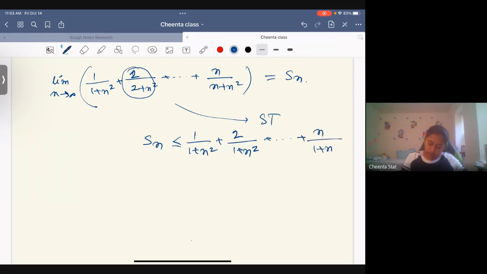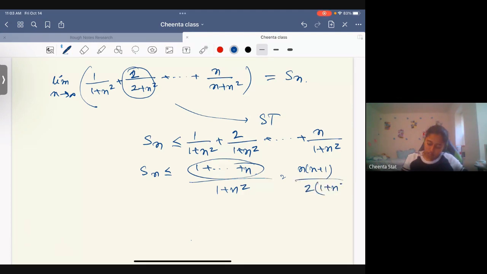So n by 1 plus n square. So Sn is less than or equal to the summation from 1 to n of k by 1 plus n square. You all know this thing, n into n plus 1 by 2, the AP formula, over 1 plus n square. Now we need to put the limit n tends to infinity.